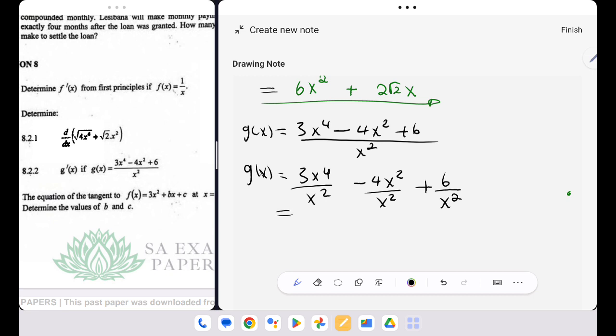So whenever I divide 3x to the power 4 over x squared, I'll be left with 3x squared. In this case, I'll be left with 4, and here I'll just move this x squared from the denominator to the numerator by using the exponent rule.